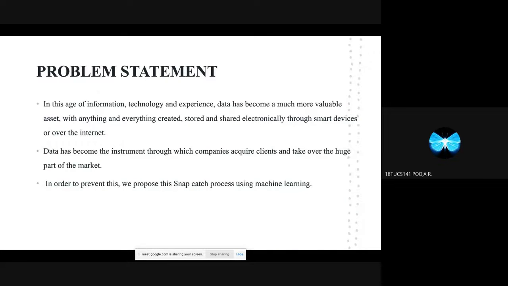So the problem statement is, in today's world, data has become an imminent and important thing all over the industrial field. In such a case, these CTC attacks should not take place in any kind of data or network area. In order to prevent this, we provide a solution of the Snapcatch process using machine learning technology.